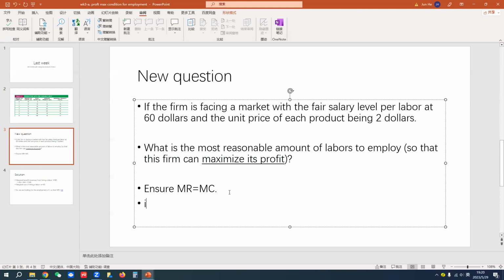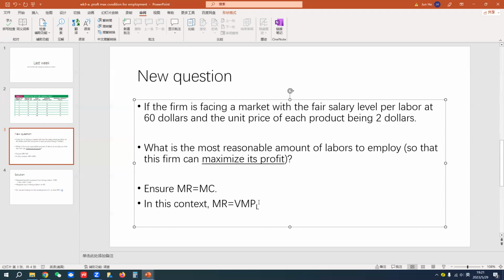So here in this context, marginal revenue is value of marginal product. And here we are looking at how many labor to hire. So that's the marginal product of labor. I hope that makes sense. So basically, marginal product is the amount, right?